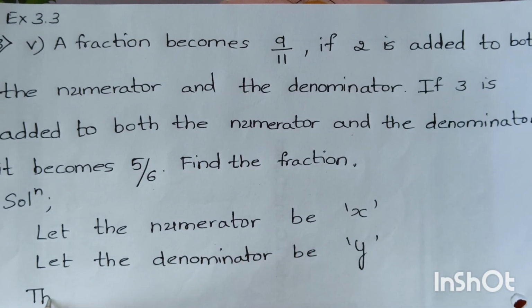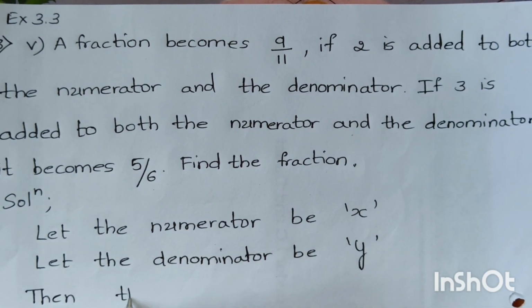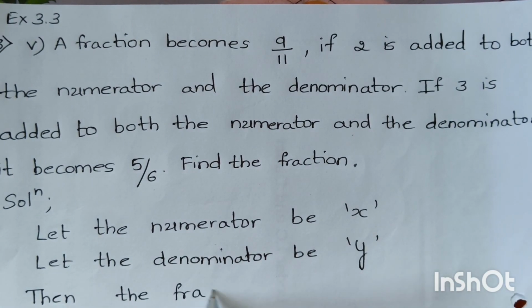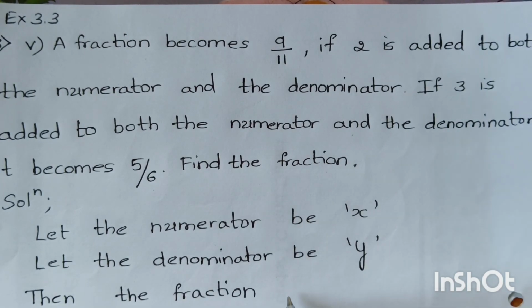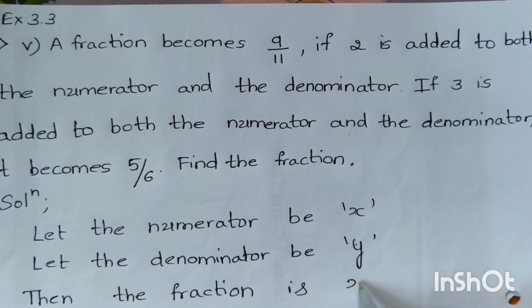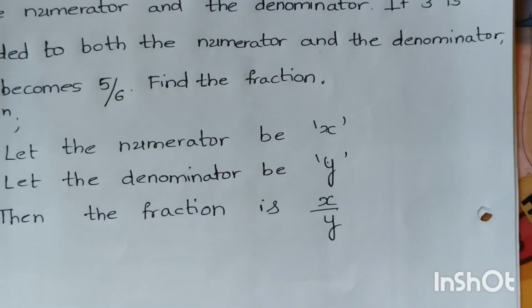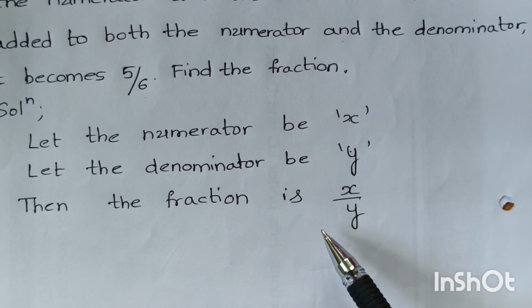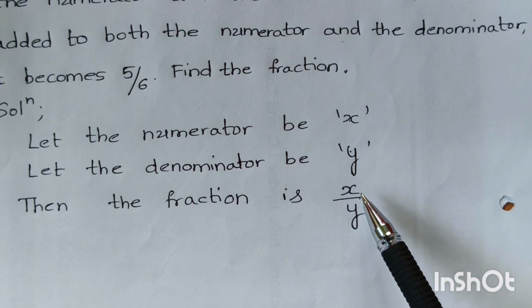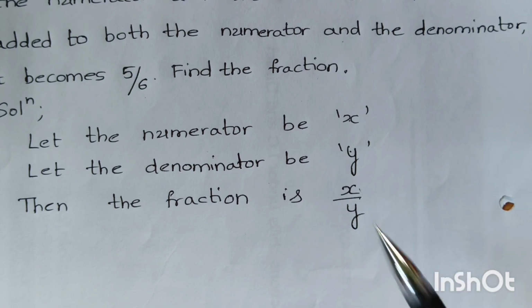Then the fraction, with both numerator and denominator, is x by y, right? Now our intention is to find the value of the fraction. So first we have to find the values of x and y, right?